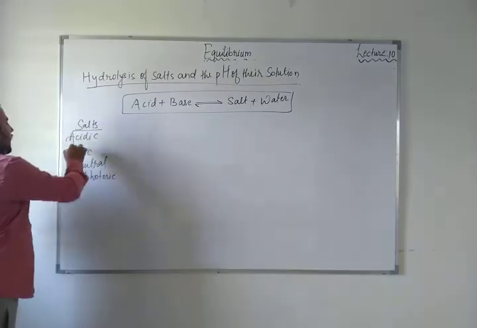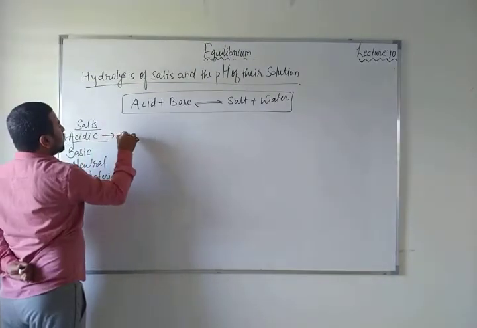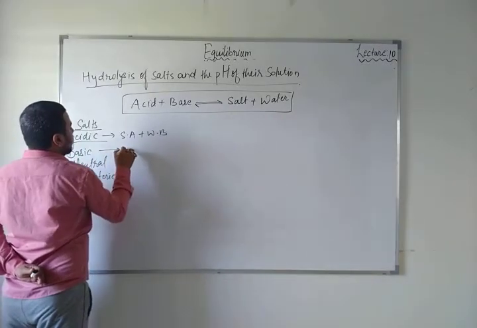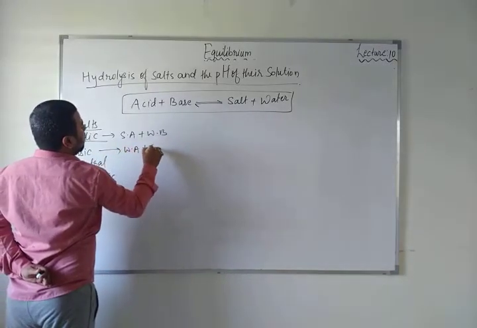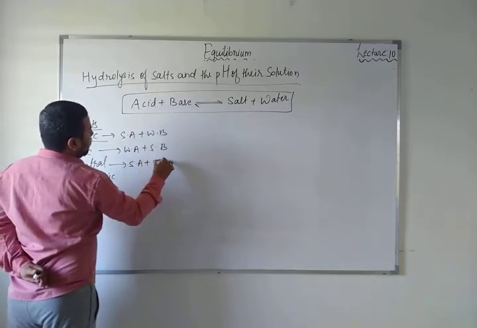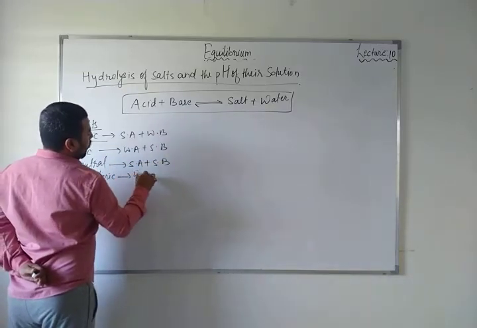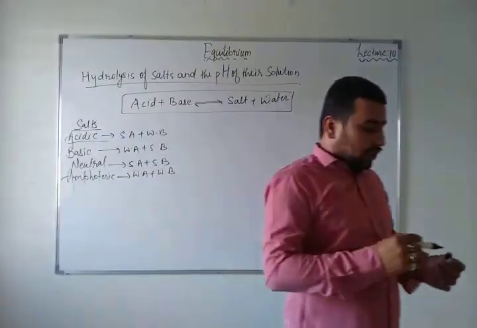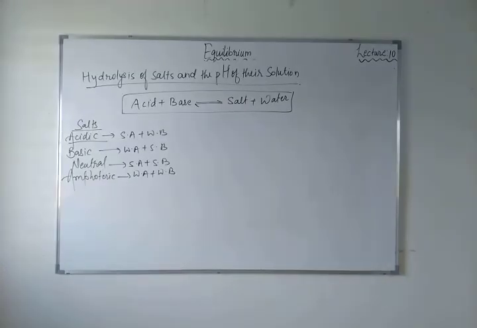Right? Acidic salt, strong acid plus weak base. Basic salt, weak acid plus strong base. Neutral salt, strong acid plus strong base. And amphoteric salt, weak acid plus weak base. So as the salt is formed, when these salts ionize in the water, they will break down into cations and anions, right?